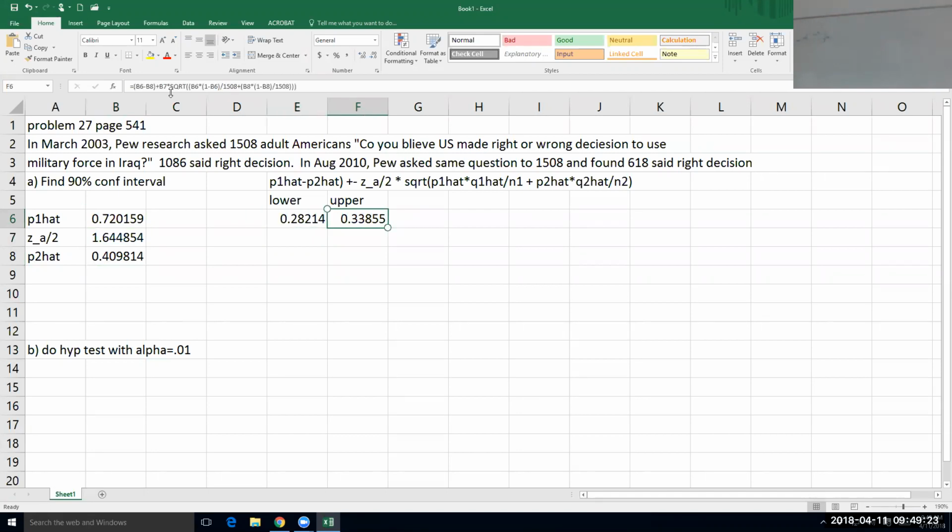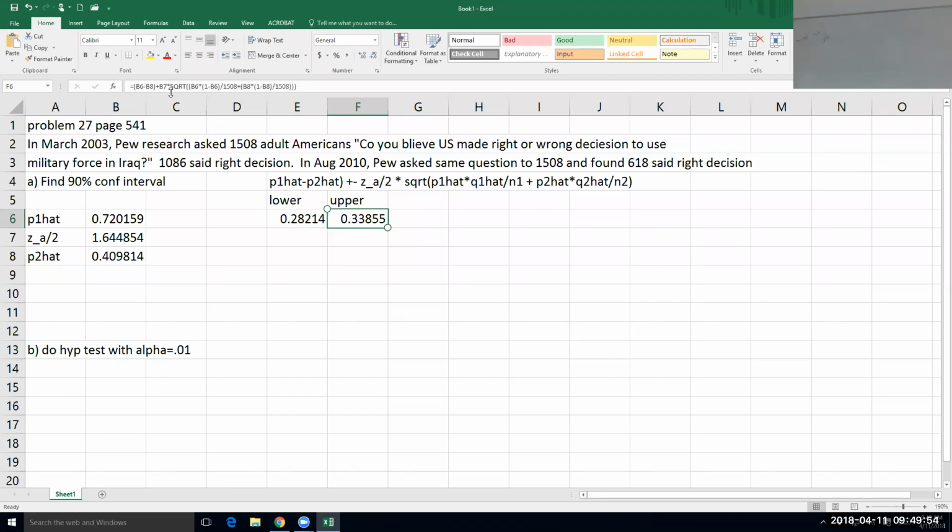So absolutely, yes, it's dropped by between 28 and 34%. If you eyeball those two numbers, it's about 32%. So yes, support for the war has dropped between 28 and 34%. That's a massive change in public opinion. It's not 5%, it's about 30% roughly.